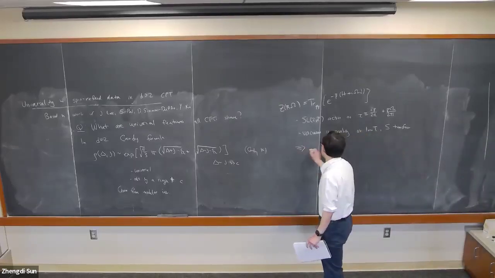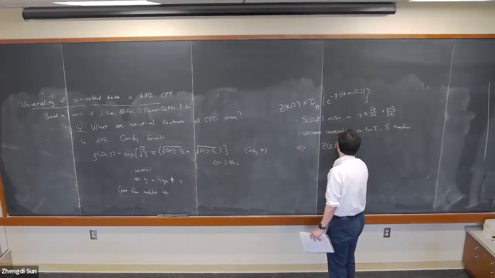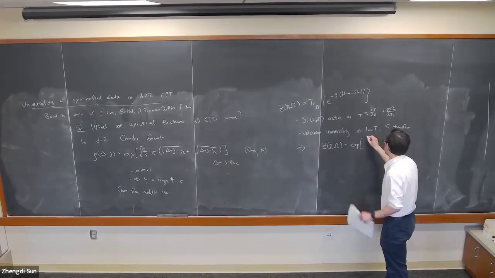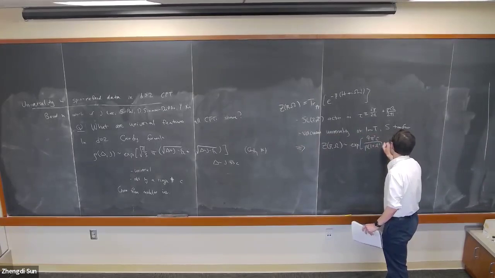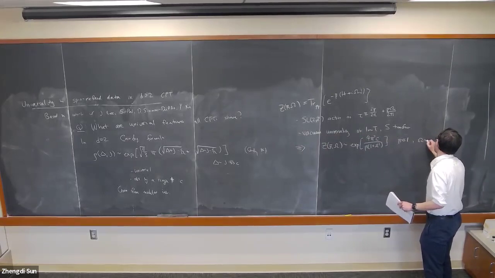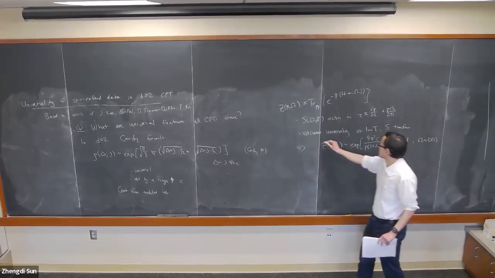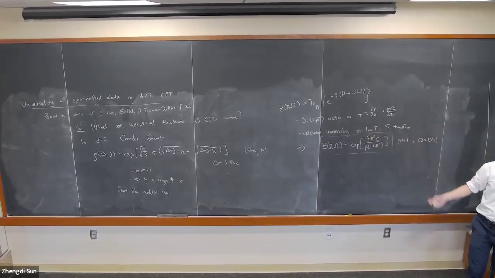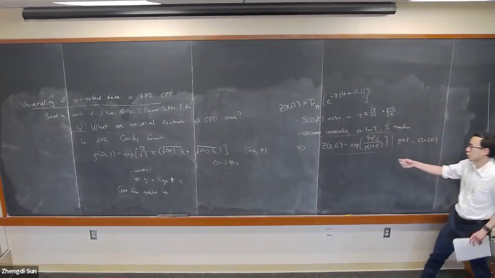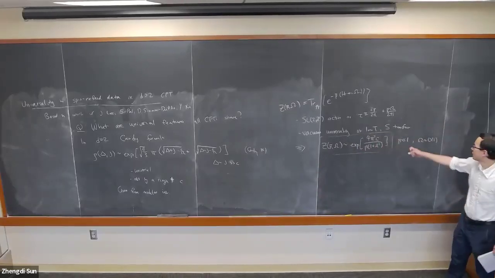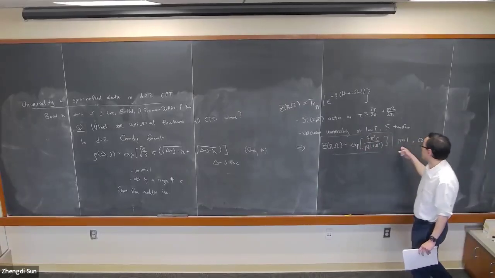This gives you that the partition function, up to all orders in perturbation theory in beta, takes this form. Taking the inverse Laplace transform of this just gives you the Cardy formula, going from the canonical ensemble to the microcanonical ensemble. Hopefully this is all review and straightforward.